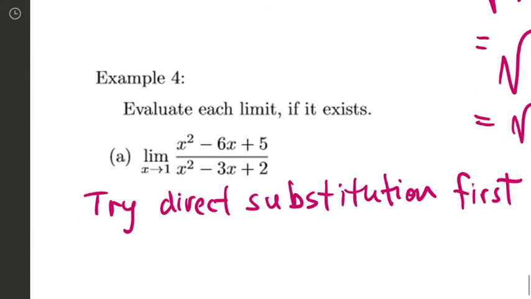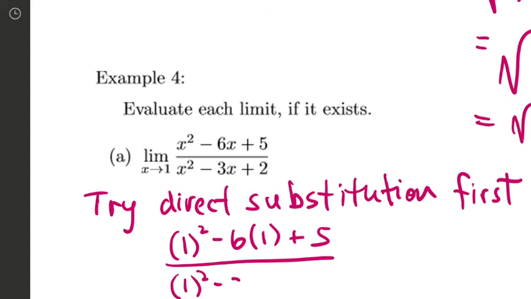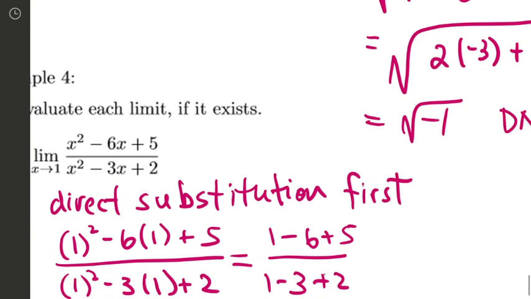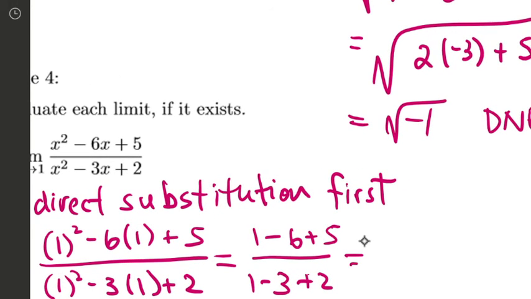So if I try direct substitution, the limit as x approaches 1, I would get 1 squared minus 6 times 1 plus 5 for the numerator, divided by 1 squared minus 3 times 1 plus 2 for the denominator, and we'll discover that we have 1 minus 6 plus 5 on the top, and then 1 minus 3 plus 2 on the bottom. The numerator will give you 0, and the denominator will also give you 0. The issue is the denominator. You can't really divide by 0, right?